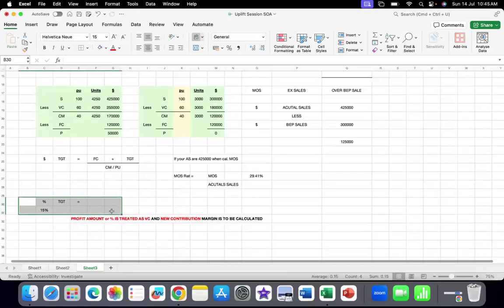If I want a targeted percentage of 15, what is my sales value? For that, the profit amount or percentage is treated as variable cost. If you're treating it as variable cost, then give it a try.